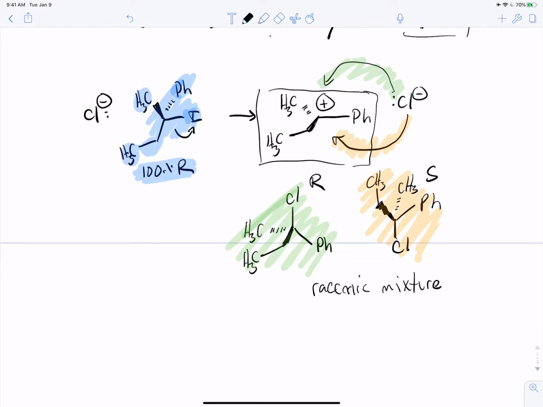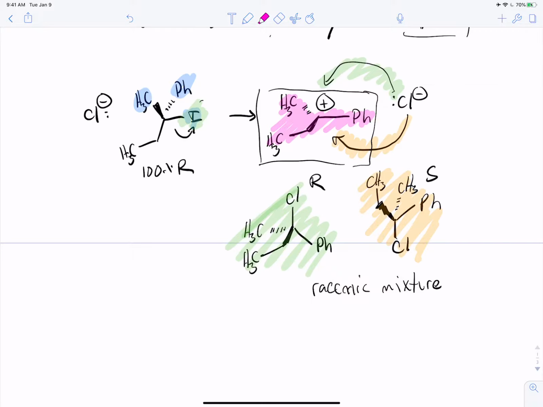But as soon as I lose my leaving group, as soon as I lose this, and I go to this intermediate here, that information is lost, right? I don't know if that molecule started out as R or S because it's not chiral anymore. So it's erased the chiral information from that molecule.